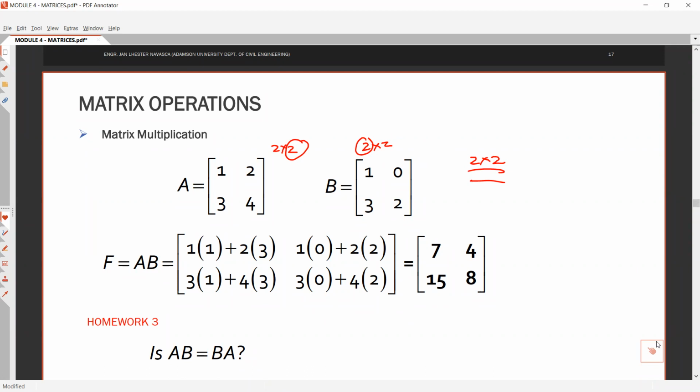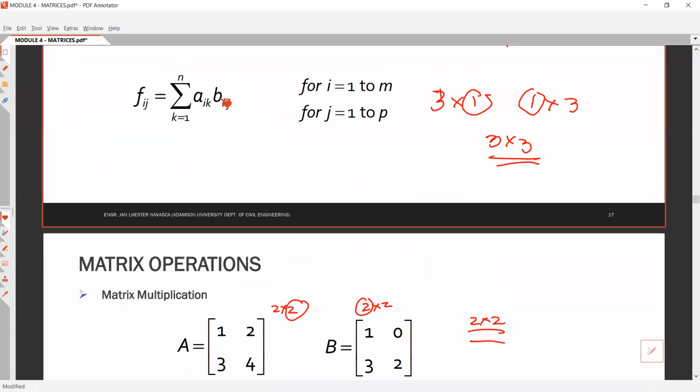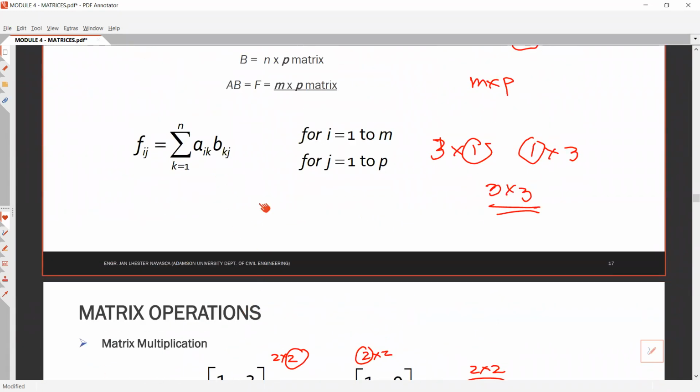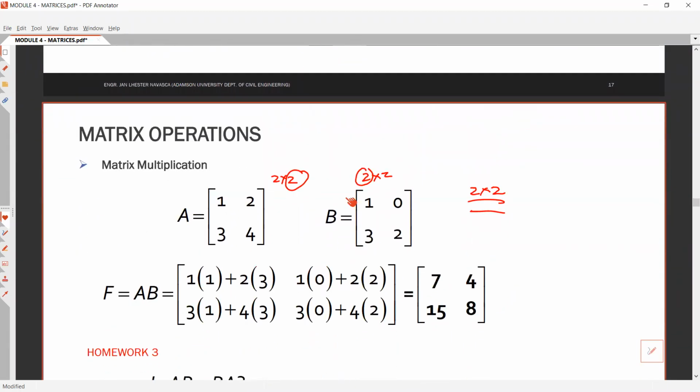So for solving the matrix multiplication, sundin mo lang yung formula na to. Aik Bkj. Since we are summing, ganito yan. Aik Bkj.